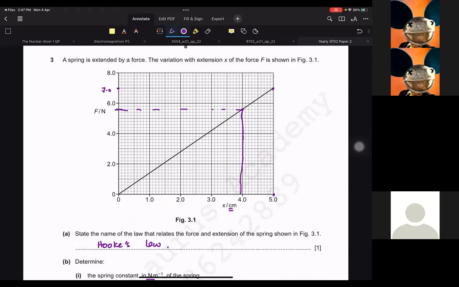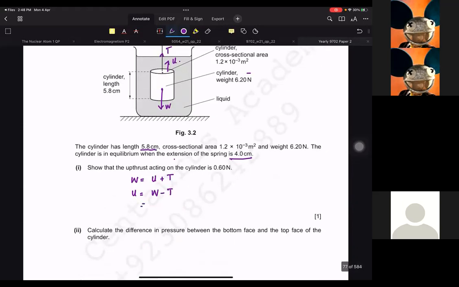So if this was 5, this is 5.2, 5.4, and 5.6. So I'm going to add this like this. This would be 6.20 minus 5.60. So that should be, according to my mental math, 0.60 newtons, and that is what we have shown. So that's great. Now, if you did not understand how I got this value, please let me know. All right.